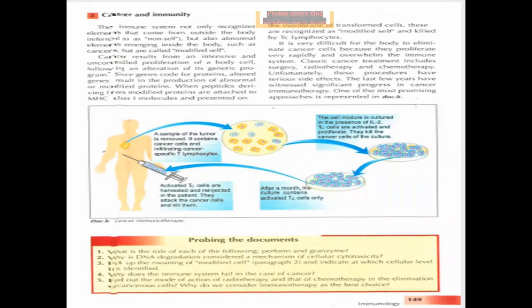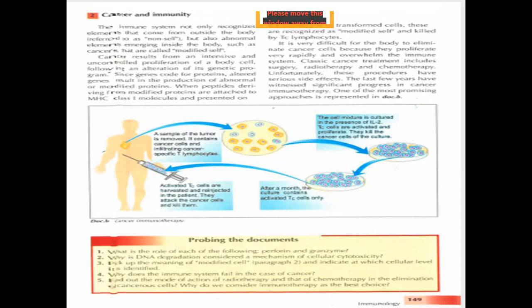So here they are working on something in cancer immunotherapy, one of the most promising approaches, related to stem cells. So what do they do? First, a sample of the tumor is removed. It contains cancer cells. This is in the figure of cancer immunotherapy. So the cancer cells and the initiated cancer-specific T lymphocytes.